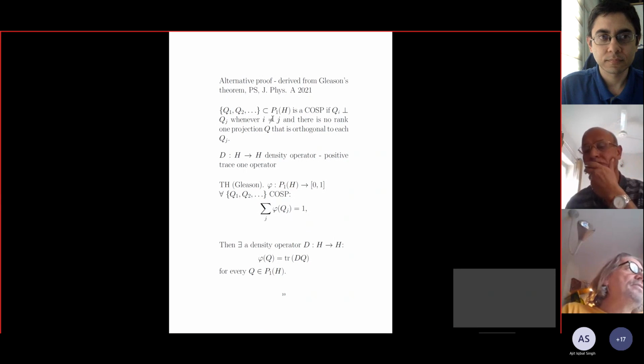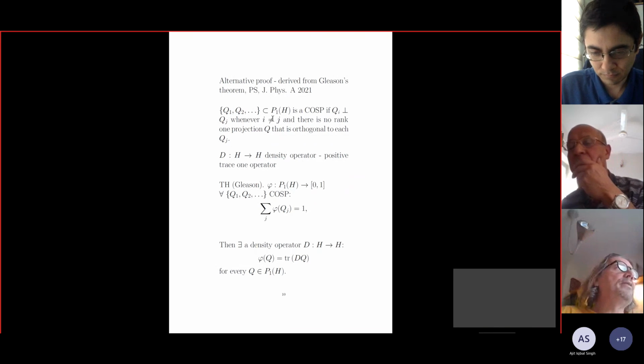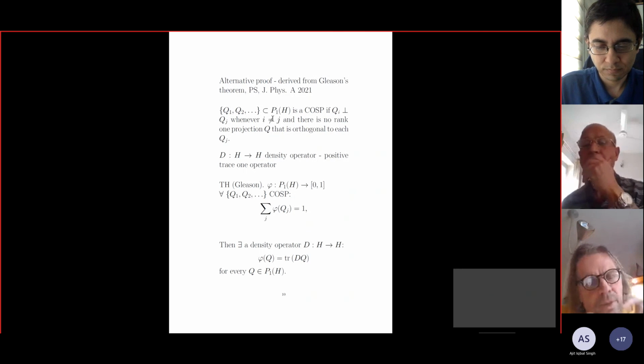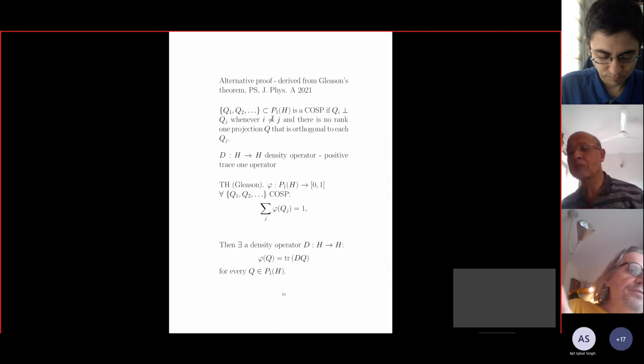They are in bijective correspondence with unit vectors up to the phase factor. If you multiply a unit vector by, say, i, or by any complex number of modulus 1, you get the same projection of rank 1 but different vectors.